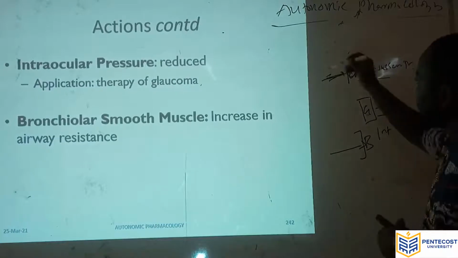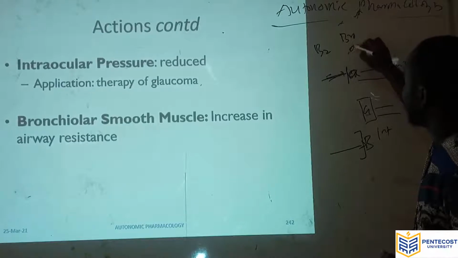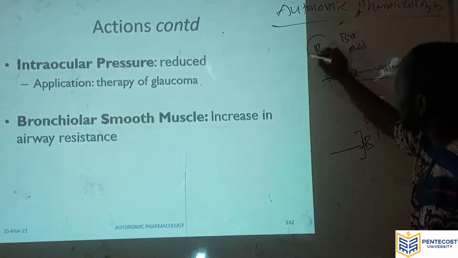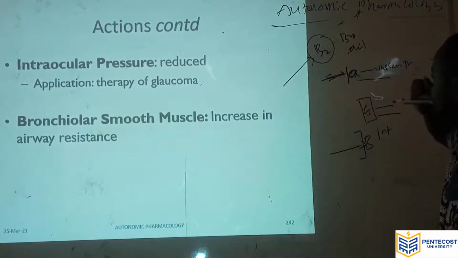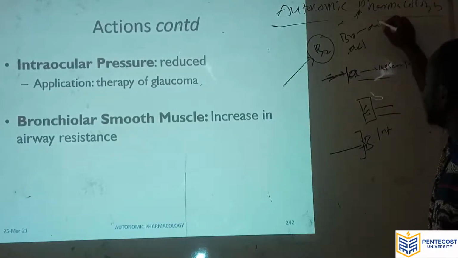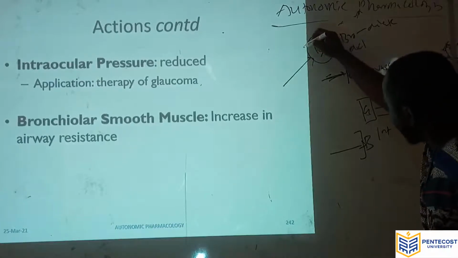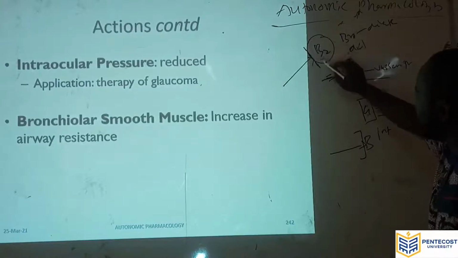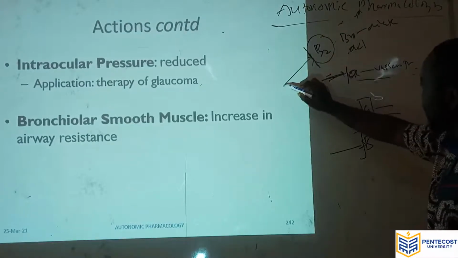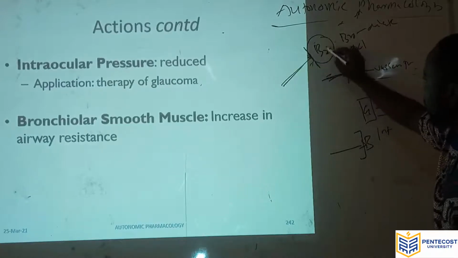We said beta 2 receptors will cause bronchial dilation. This means that when adrenaline binds to beta 2 receptors, your bronchioles will dilate. But if you give a drug that prevents the beta 2 receptors from being activated, you are blocking the effect of adrenaline on the beta 2 receptors.